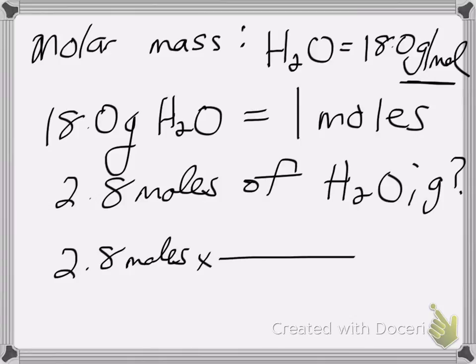What goes on the bottom? On the top are grams, and it's always 1 mole. Do you see this? You saw I put a 1 there? 18 grams per mole.